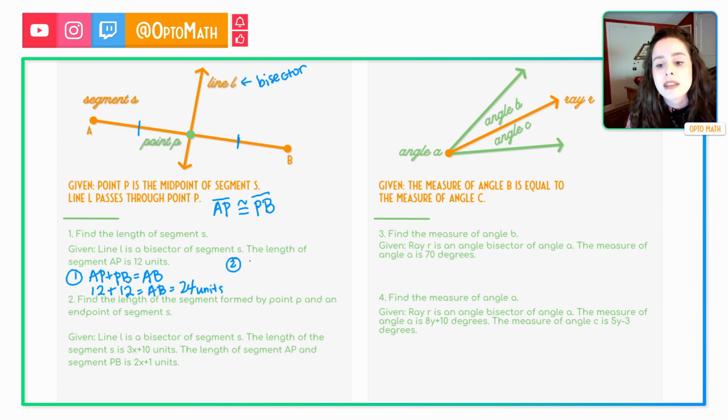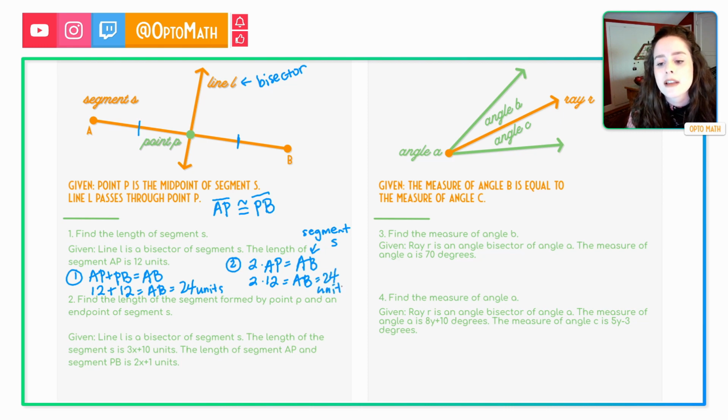So we can also say this, 2 times AP is equal to AB, or segment S. This is also segment S. Okay, so 2 times AP, well, AP is 12. So AB is 24 units.